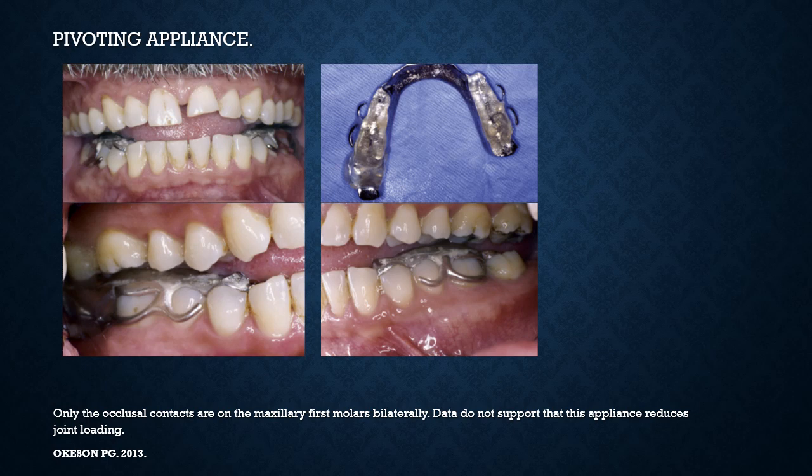The idea of this appliance is to reduce the interarticular pressure, thus unloading the articular surfaces of the joint. Some also claim it is beneficial in case of joint sounds, but actually data do not support that this appliance will reduce the joint loading.